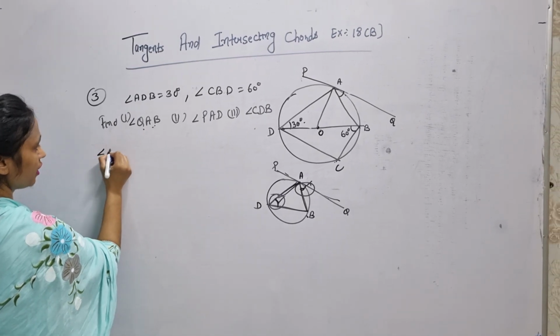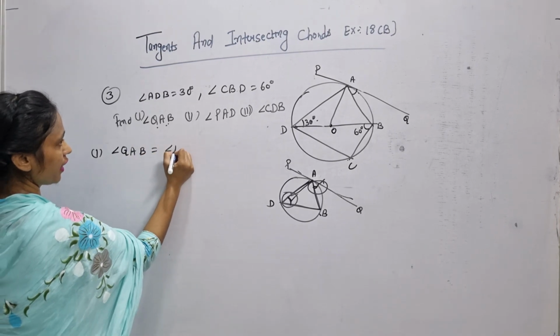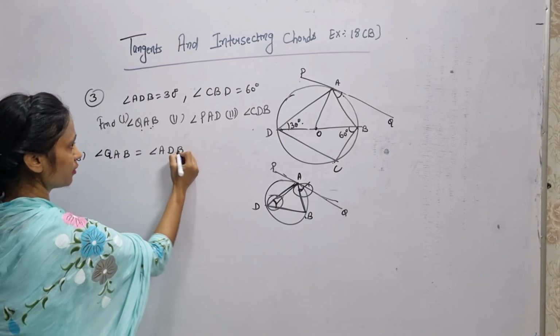So you will write angle QAB is equal to angle ADB.